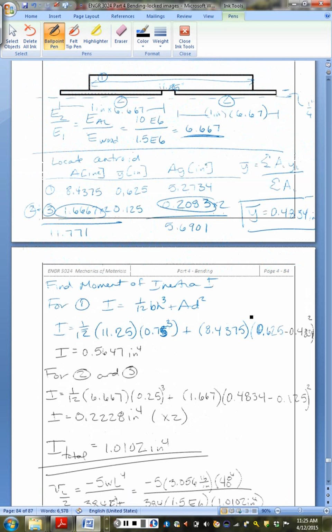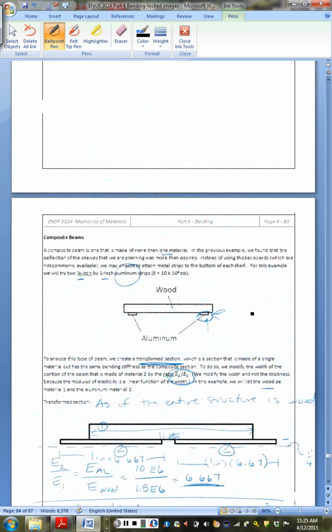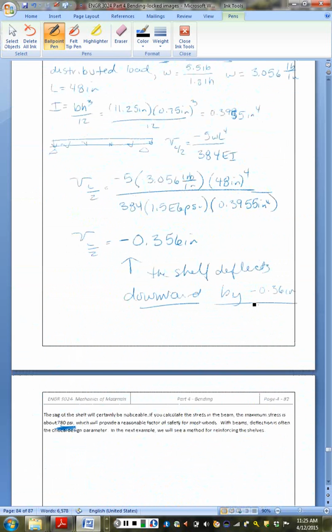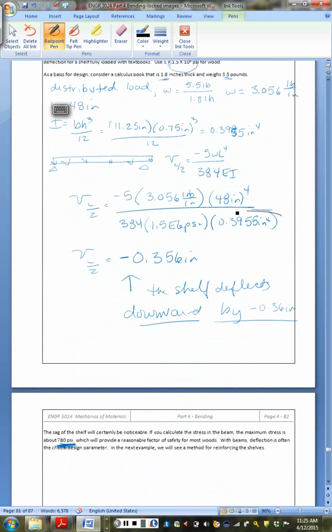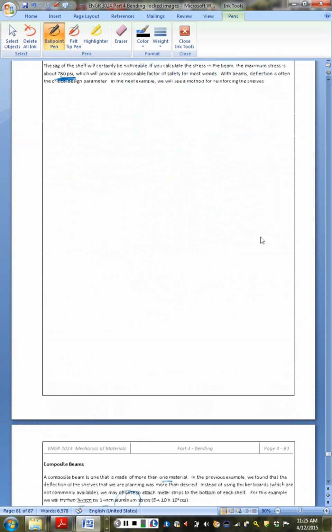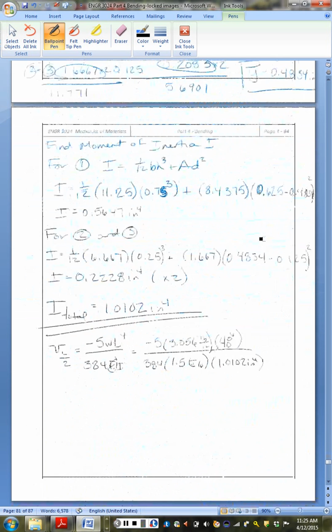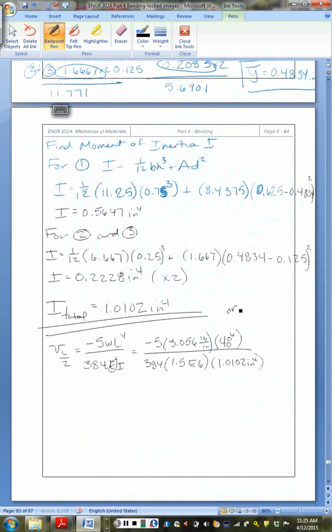Now, in terms of moment of inertia, if we scroll back up to the original problem, we see that the original moment of inertia I was 0.3995.